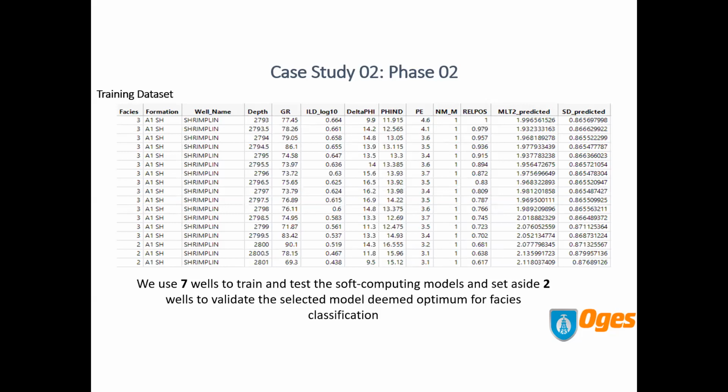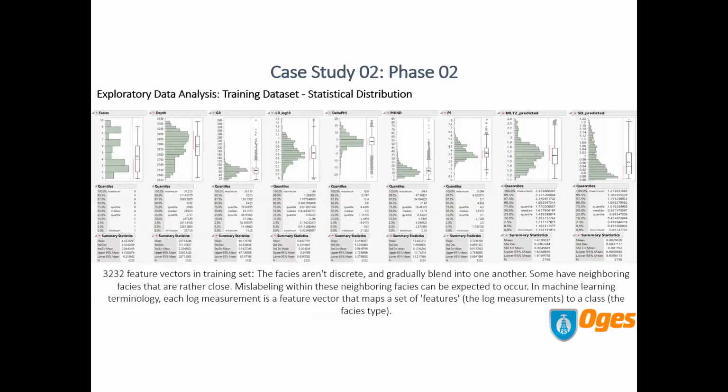So then the data is split into training and test data sets, and then we can go on and actually throw this data into a machine learning technique. In this case, this is the exploratory data analysis of that data set.